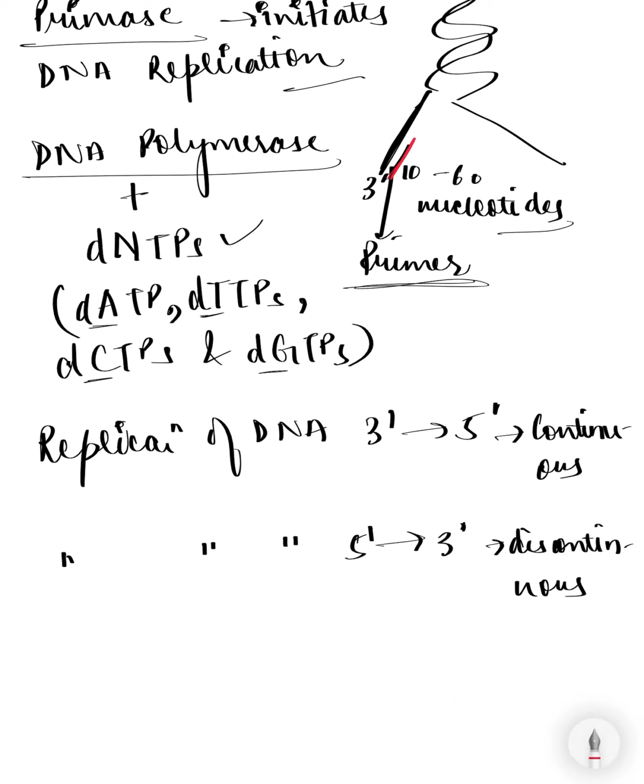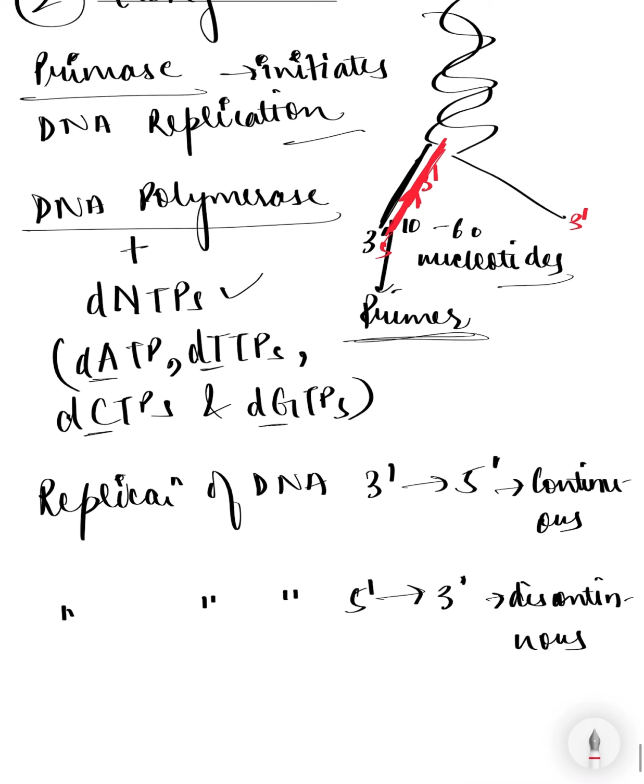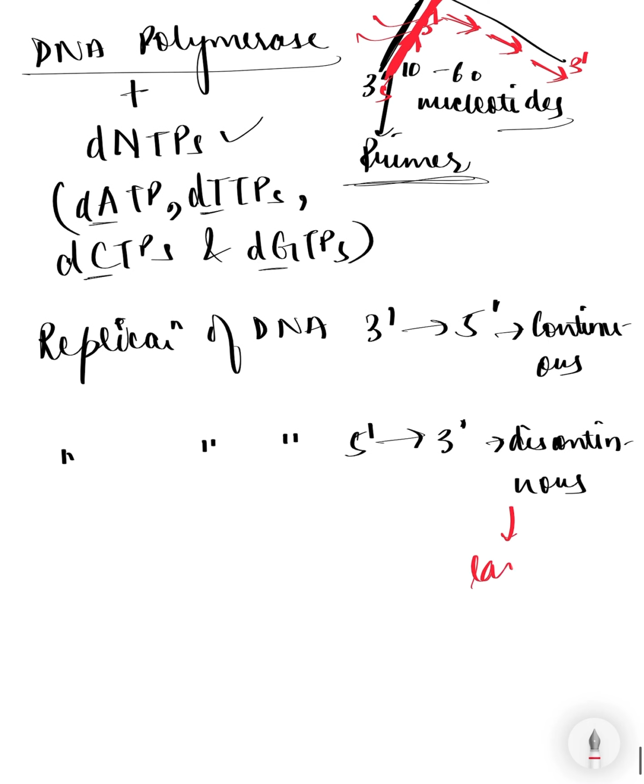So the formation of DNA strand in this direction is continuous, means there is a continuous strand of DNA. However, in the other direction, which is the 5' to 3' end, there will be a formation of DNA strands like this. So this red strand is called the continuous strand, and this strand which is discontinuous, we call the lagging strand.